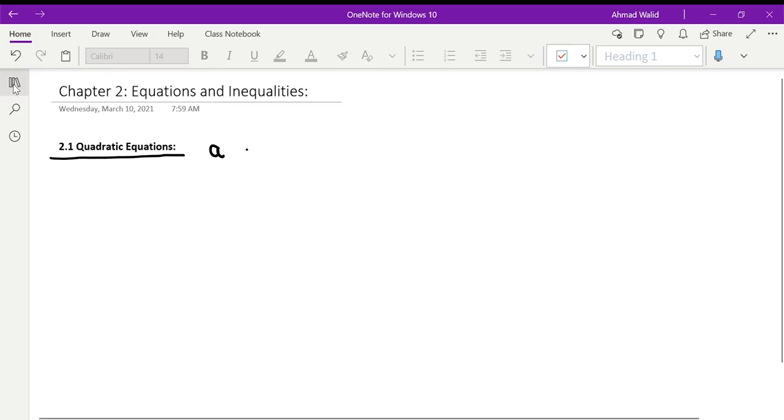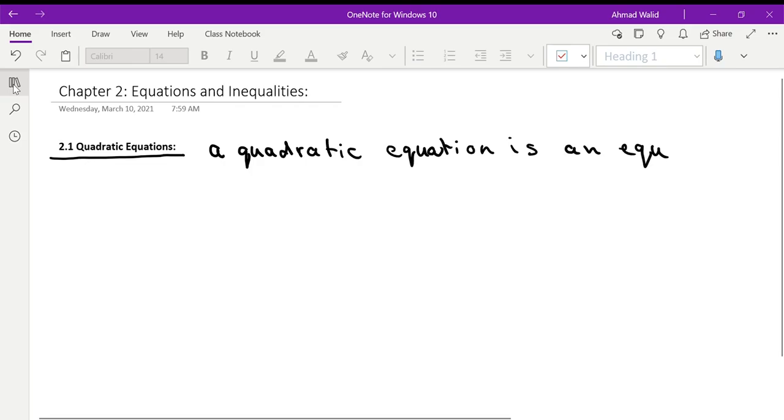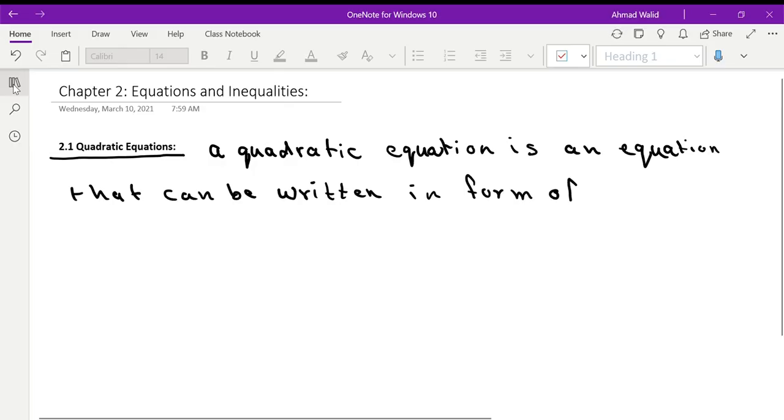A quadratic equation is an equation that can be written in the form of, this form is important.